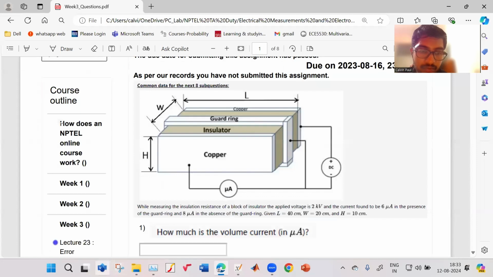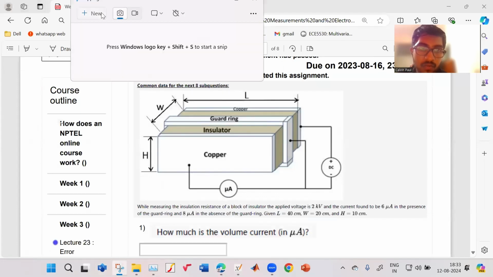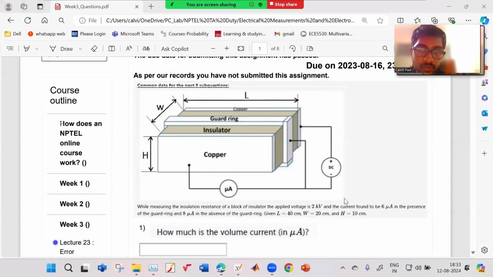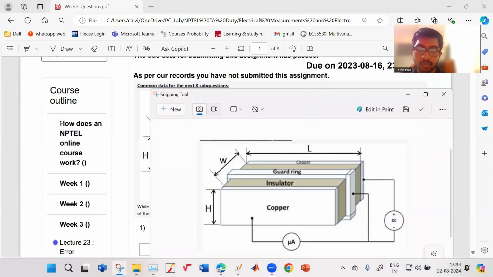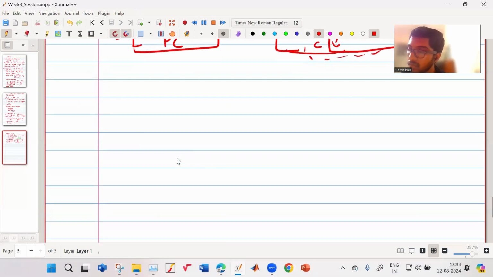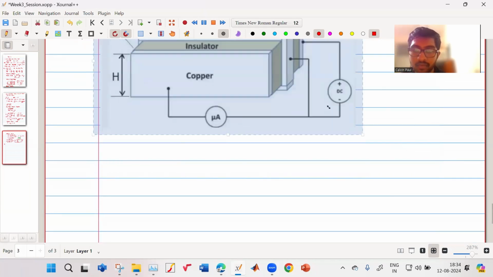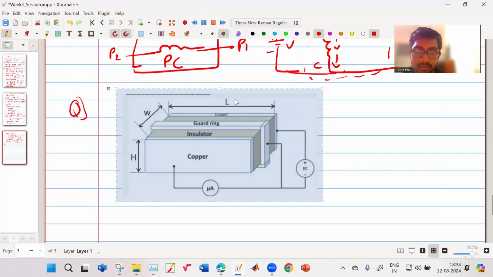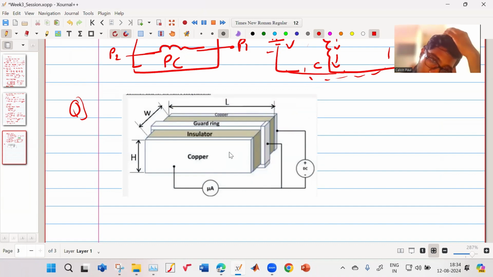So we will consider this question. If you can see, this is for high resistance.